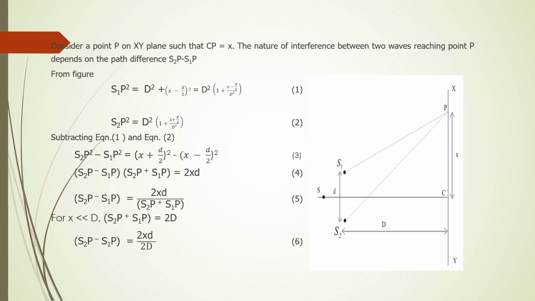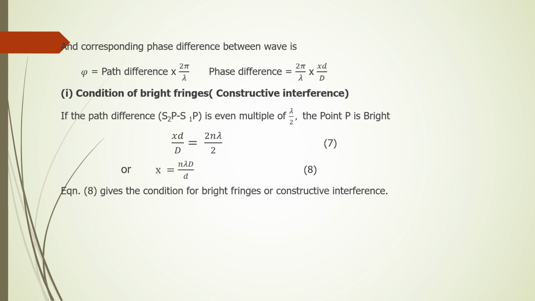The value of S2P plus S1P is approximately 2 times D. So we have S2P minus S1P given by 2xd by 2D, which is xd by D. As discussed, the path difference leads to the phase difference with the formula: phase difference is equal to path difference into 2 pi by lambda.